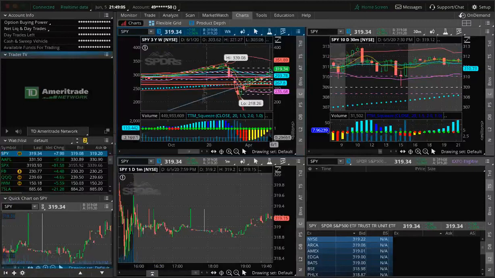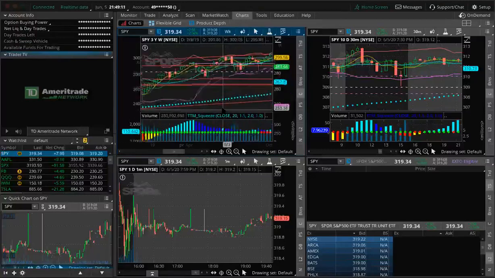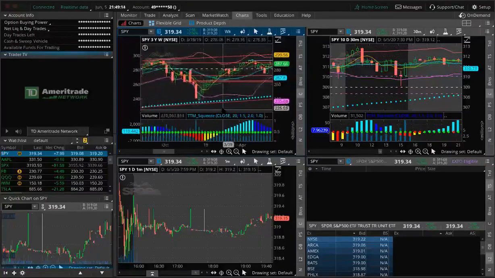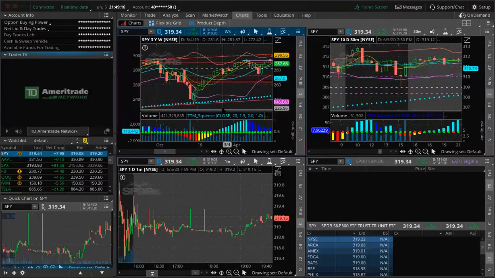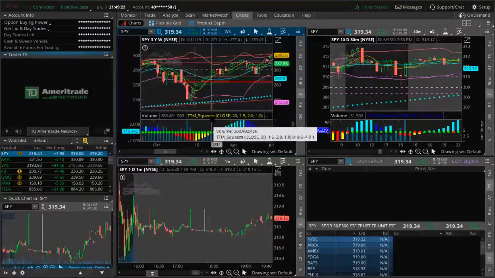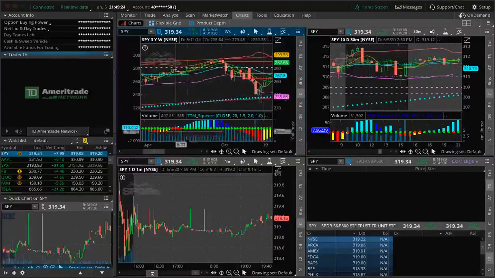Light blue bar. Yeah, light blue bar comes after the yellow bars. If we get a complete rotation, I pulled this back to October. Check out October, where we had that big rally. We had the squeeze, we had the light blue bars, right?